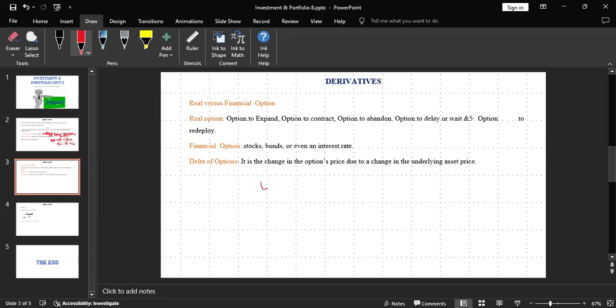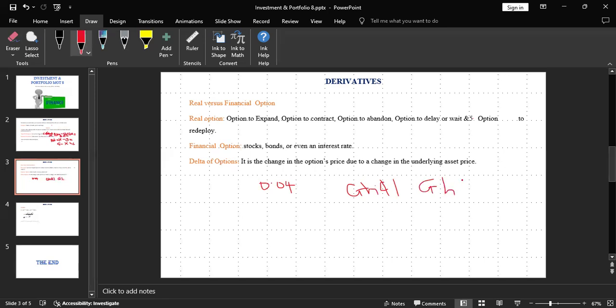So if they give you data of 0.04, then probably they are saying that if there is a 1 cedi increase in the underlying asset, it will probably result in a 0.04 cedi increase in the option price. Please don't mind my handwriting. This is Ghana cedi.